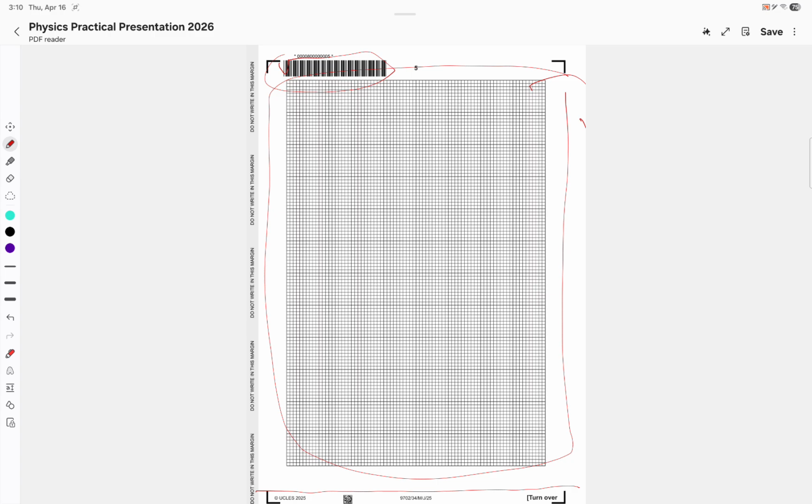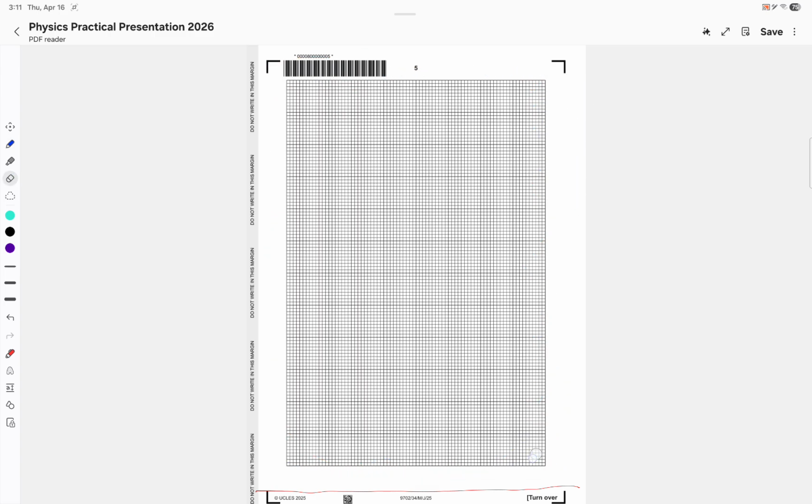Sometimes students wish to plot a graph but find that the x-axis is not enough for the axis they selected, so they try to rotate the graph paper, making this side the x-axis and this side the y-axis. Doing it this way, you will lose all the marks for the graph portion. So do not do that.